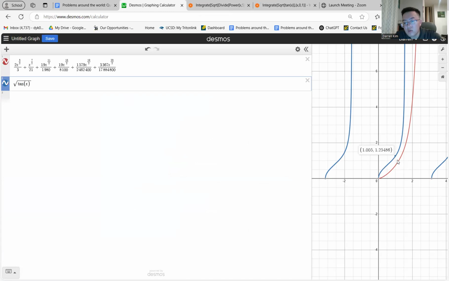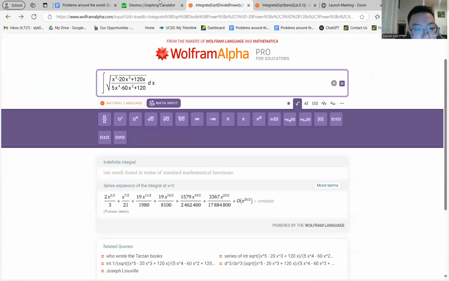So when it equals 1, so when x equals 1, right? It should equal 1. No, it doesn't. What is making this wrong? Well, probably it is an ordered pair.